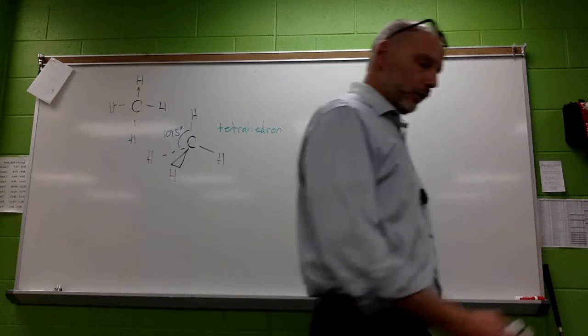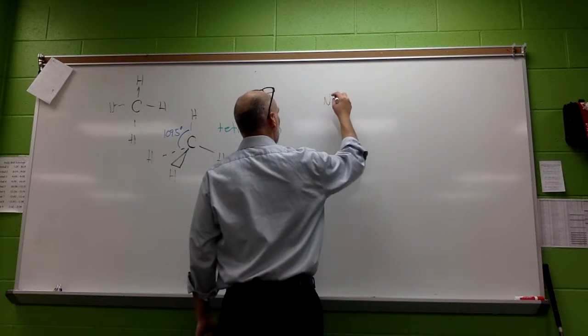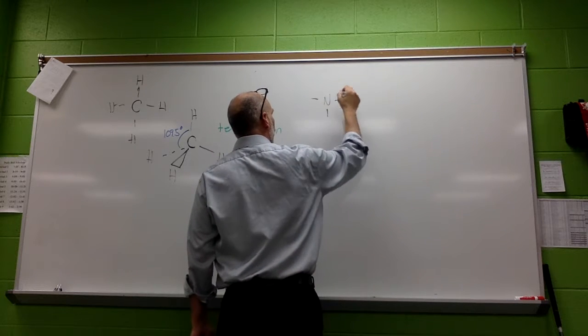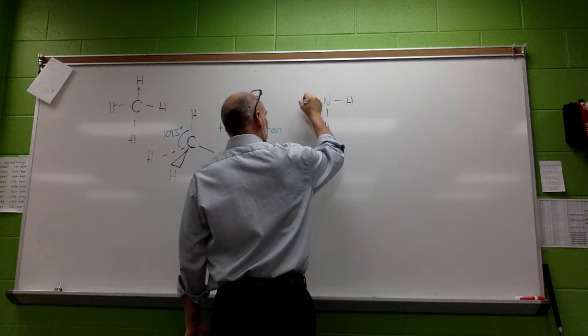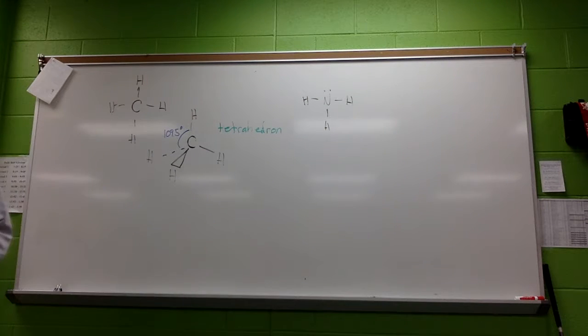You already have the Lewis structure drawn. The Lewis structure for ammonia looked like this. It really doesn't matter where you put what, but you guys did something similar to that. How many electron regions are there? 4.